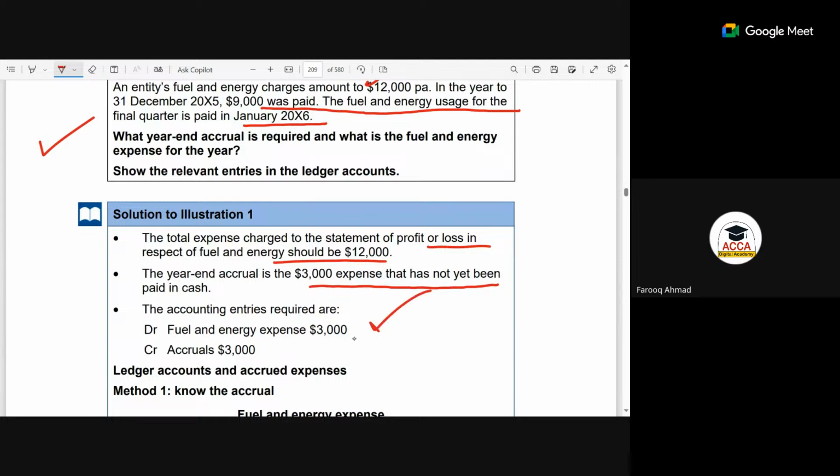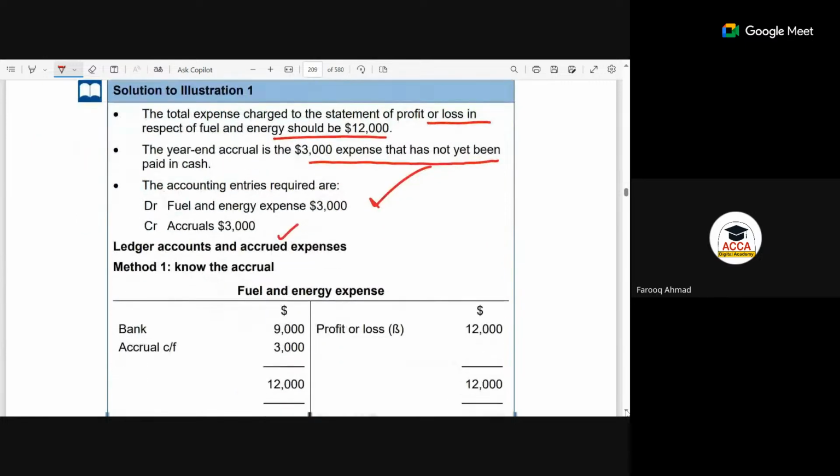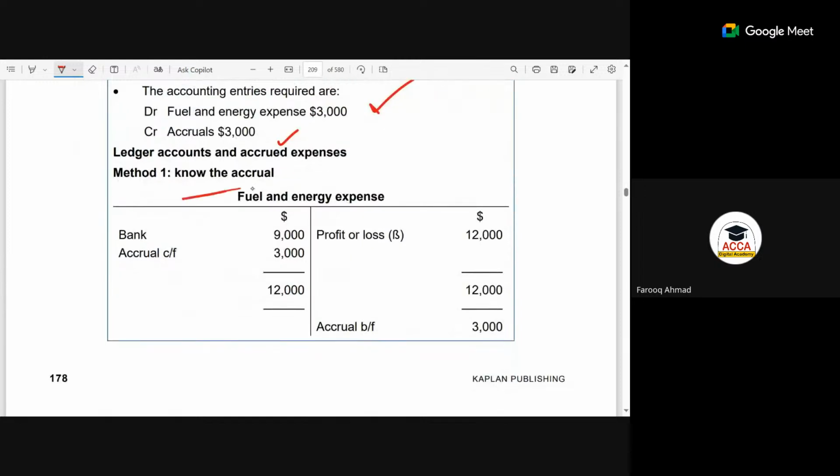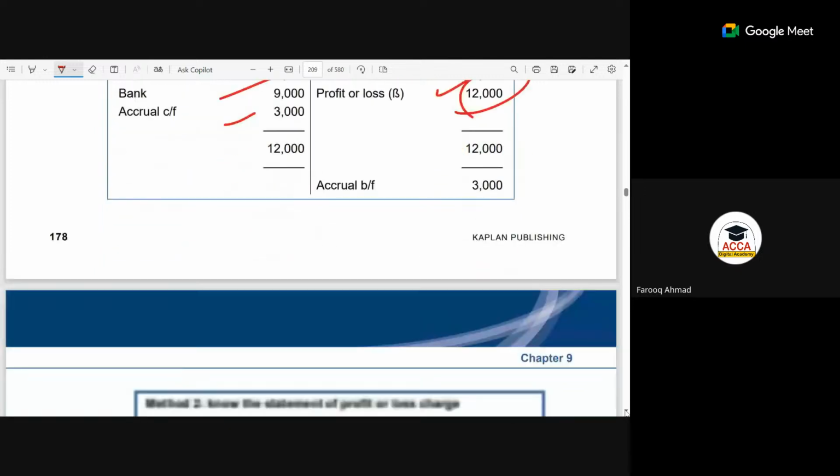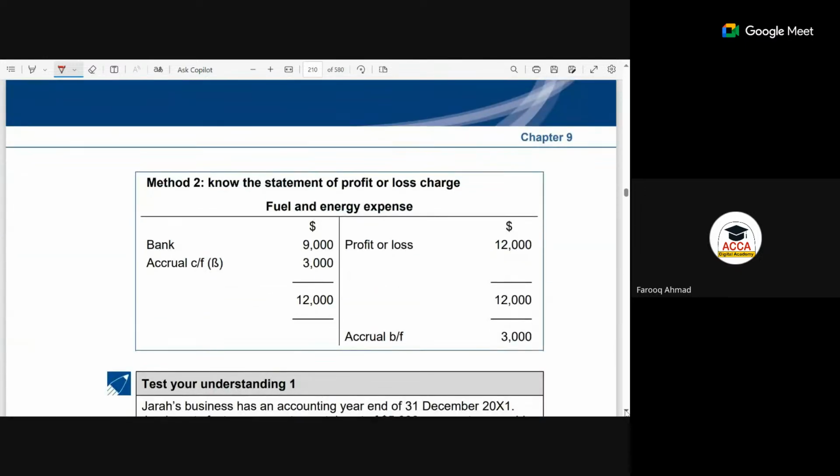The additional entry is: fuel and energy 3,000, accrual 3,000, which they need to pay at a later date. In method one, the bank has already paid 9,000, the accrual is carried forward, and the profit and loss account shows 12,000, to show the proper expenditure incurred for the period. Method two gives the same interpretation.